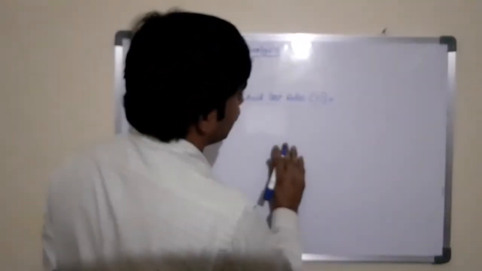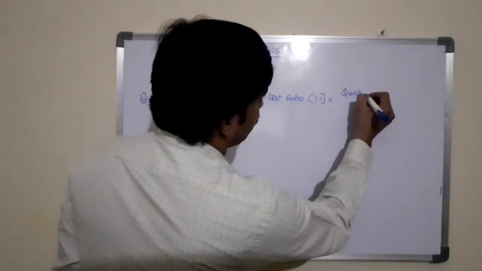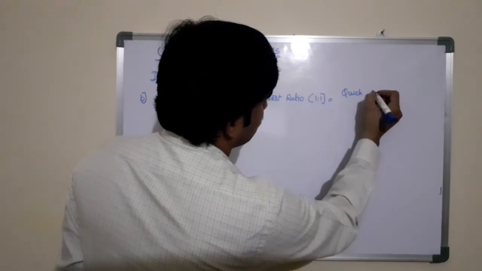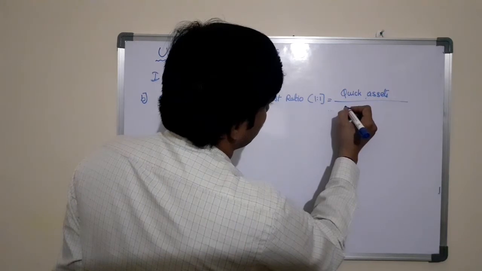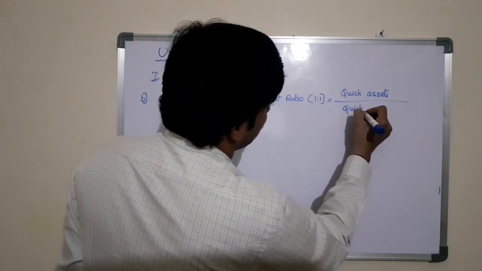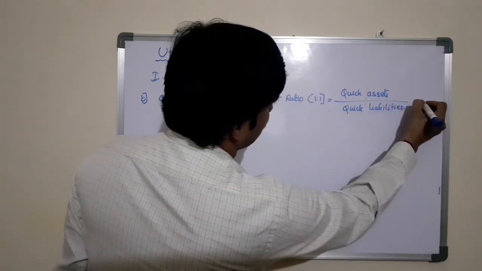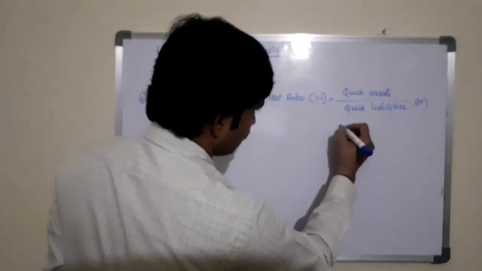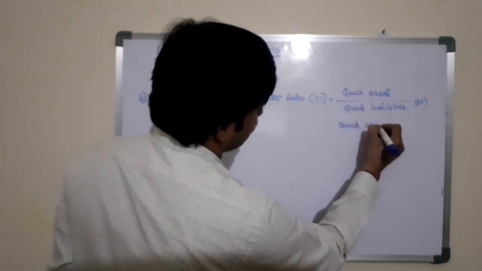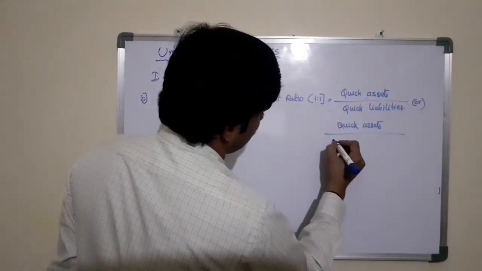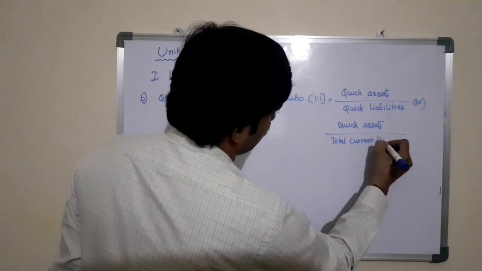The formula for calculation of this quick ratio is quick assets by quick liabilities, or quick assets by total current liabilities.